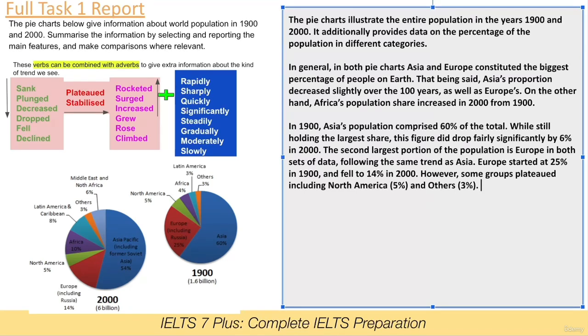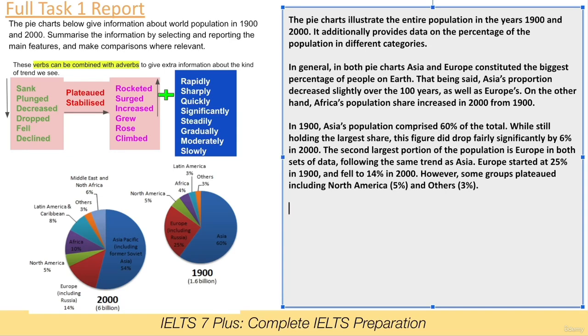Europe started at 25% in 1900 and fell to 14% in 2000. However, some groups plateaued, including North America, 5%, and others, 3%. Okay, we've done the groups that have decreased, the groups that have plateaued. Now let's dive into the groups that have increased.